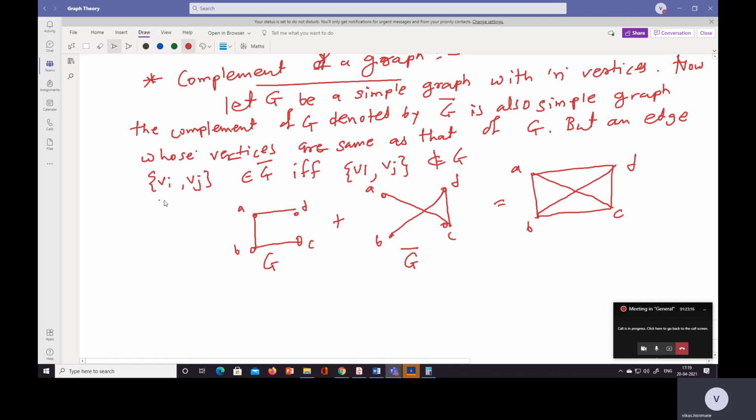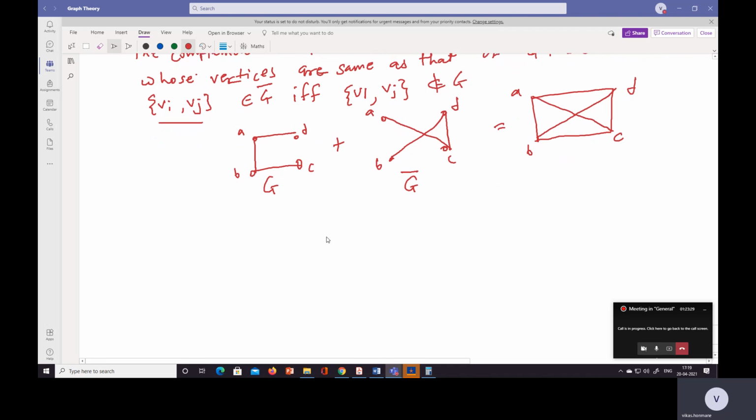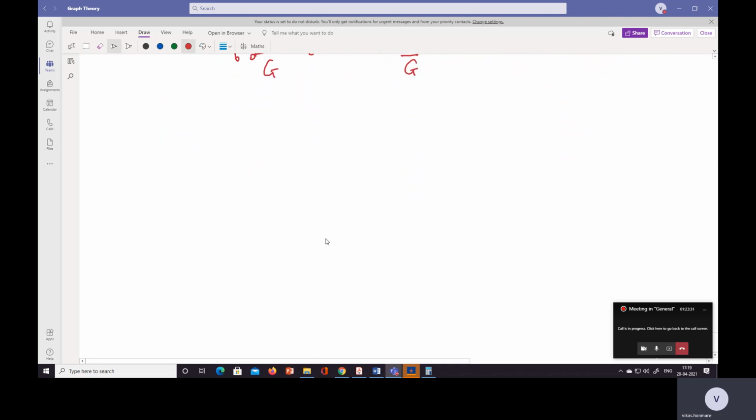That means if an edge is present in G, it will not be a part of G bar, or if it is present in G bar, it will not be part of G. That is called the complement of a graph.